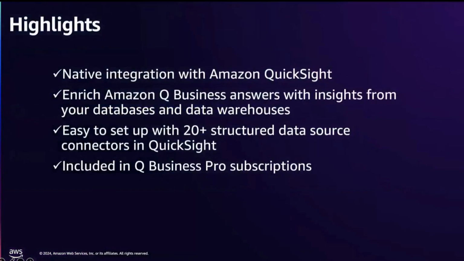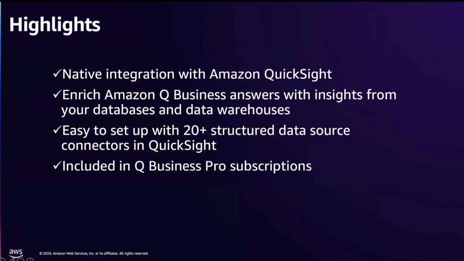So a couple of key highlights here. Amazon Q Business will now provide a native integration with Amazon QuickSight. What it allows the Q Business experience to do is get enriched answers by pulling in QuickSight visuals into the Q Business response. If you recall all the way back when I introduced Q Business, we saw that text-based narrative.